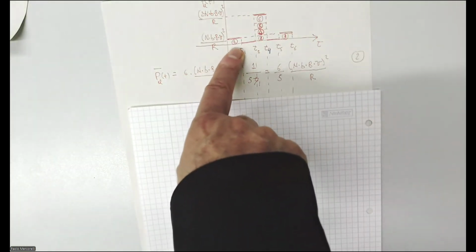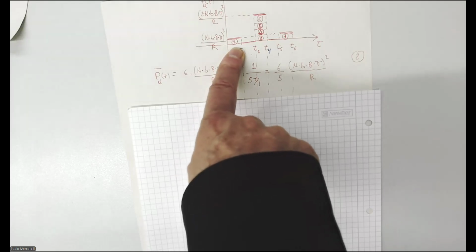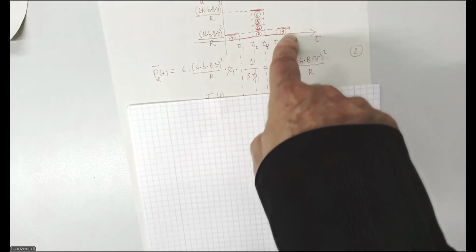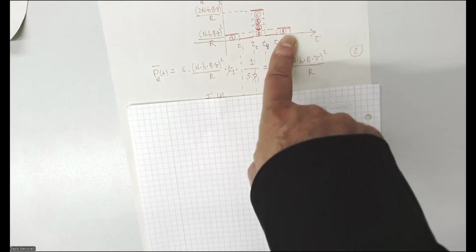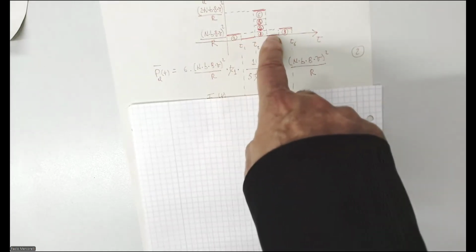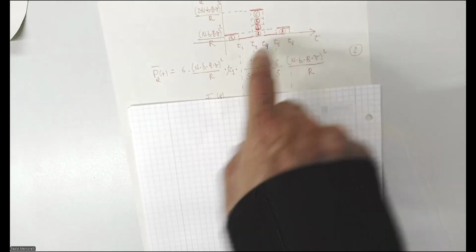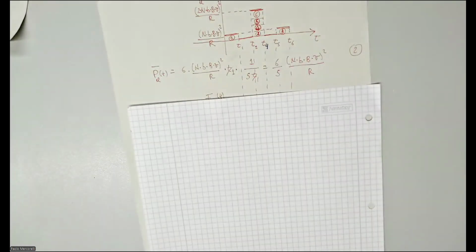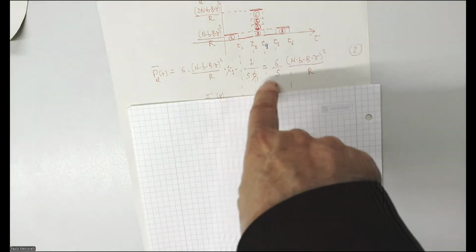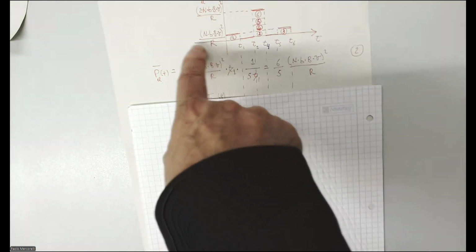If you look at the calculation, T1, T2, we have 1, 2, 3, 4, 5 equal intervals. The interval is equal to T1. When we have 6 points, we have 5 intervals. 3 points, 2 intervals. This means I have to divide everything by 5 times T1. And what about this?